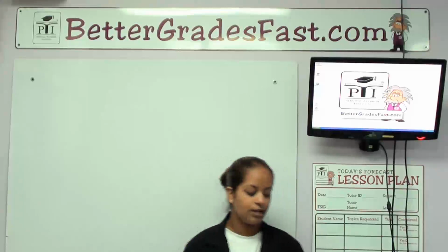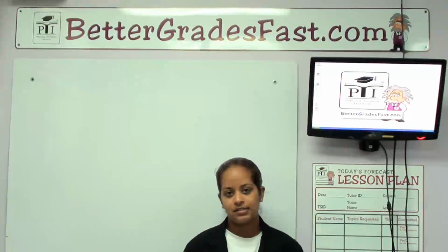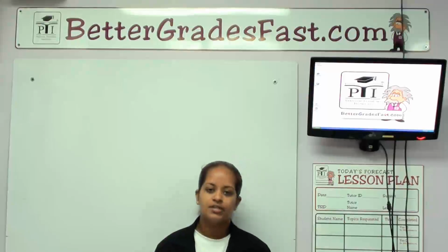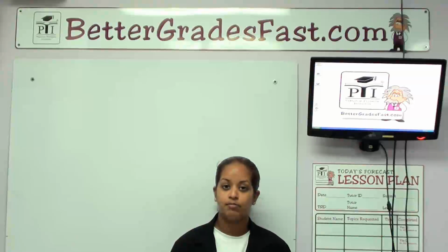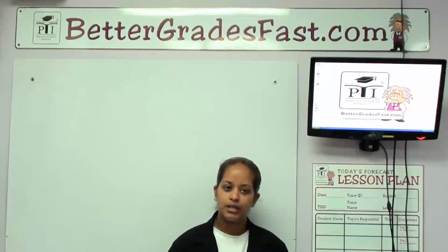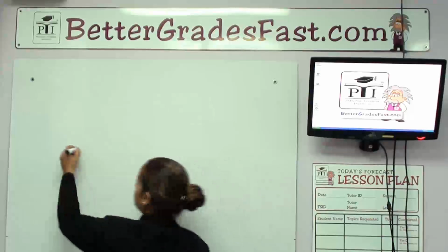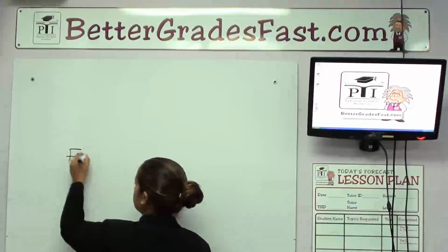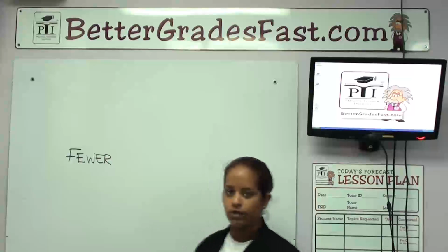We would now look at the difference between fewer and less. This, again, is a common group of words that is confused by students because they are so close in meaning. The word fewer is a countable word.